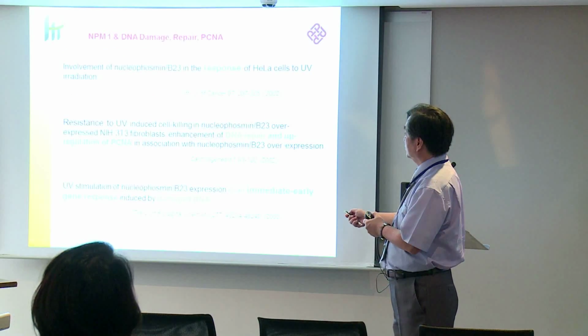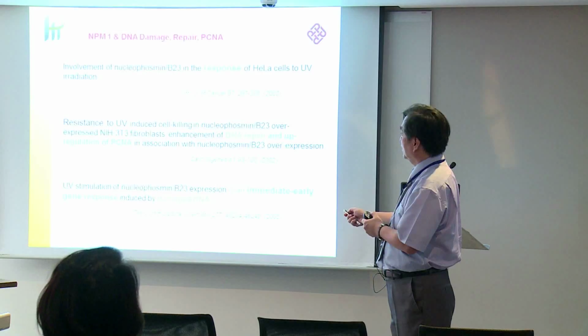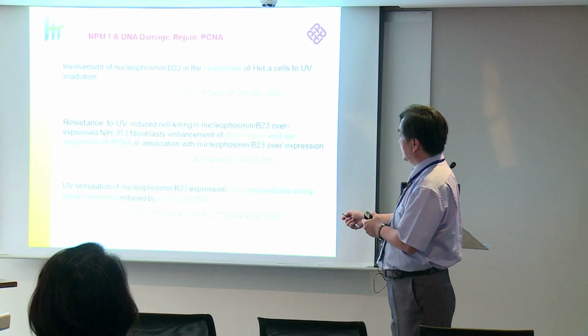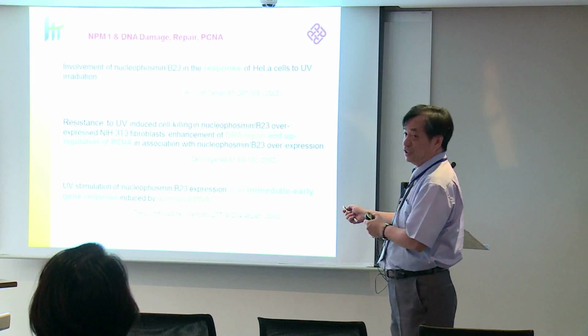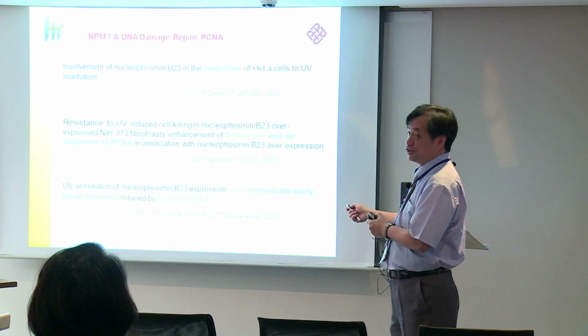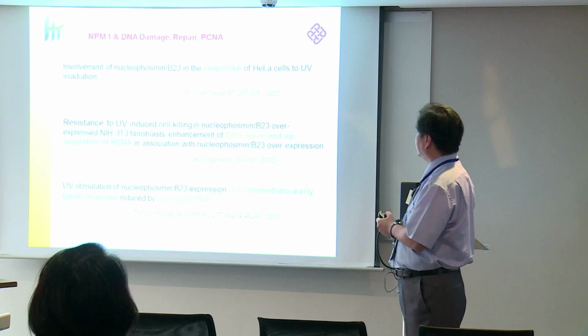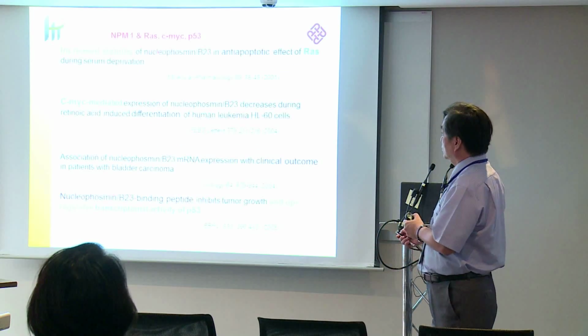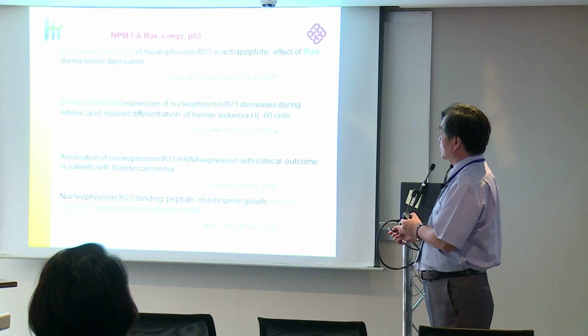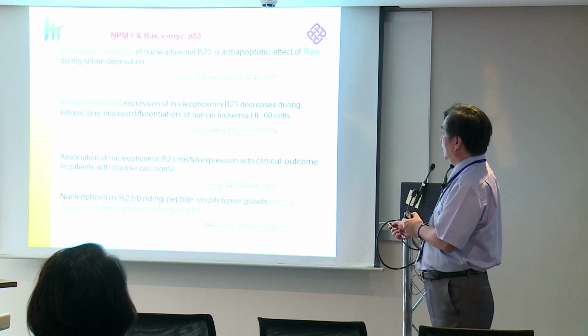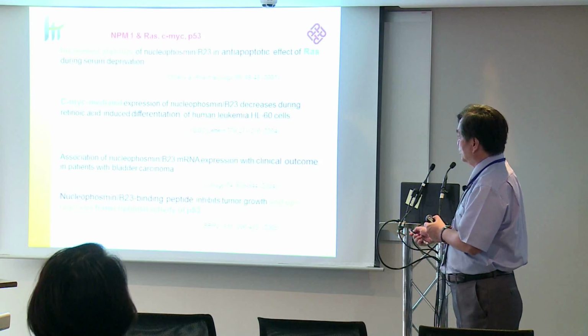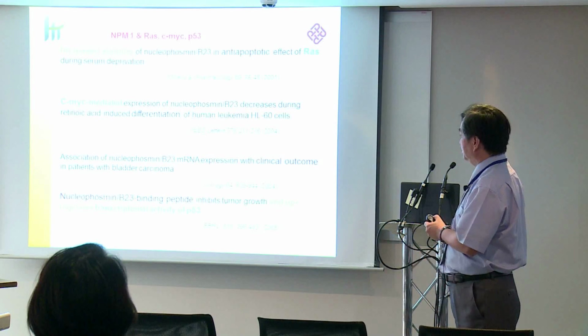B23 is also involved in the cellular response to DNA damage, repair, and regulation of PCNA. Very importantly, it is associated with oncogenes like RAS, c-MYC, p53. A lot of studies show the interaction between NPM1 and p53 in the control of apoptosis.